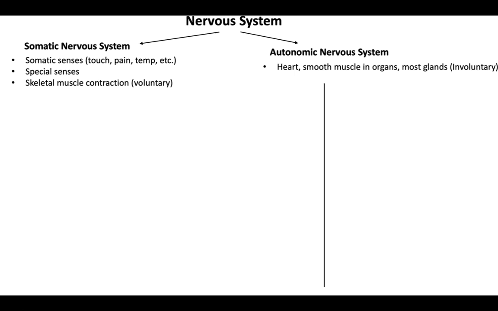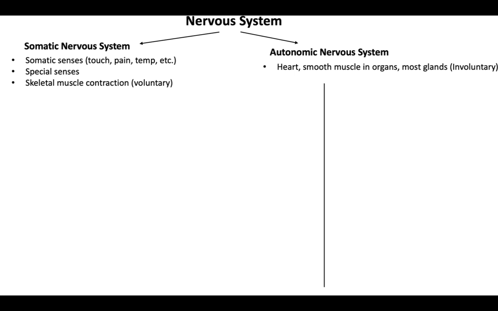You can think of these senses as being on your skin, right? When you touch things, when you get hurt, or temperature sensation, when you perceive that it's hot or cold out. We also use information from our special senses: vision, taste, smell, hearing. So that's the sensory component.